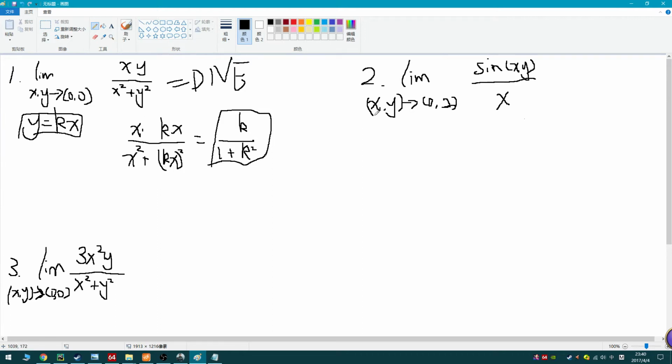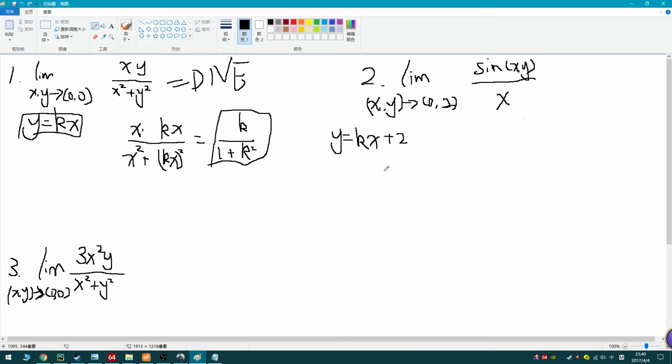The second question is a little tricky because we have sine of xy divided by x. It's not this kind of function anymore. But we can still use the linear, I call this the normal method. So let's let y equal kx plus b. In this case, b is 2 because the y-intercept is 2. So y equals kx plus 2.